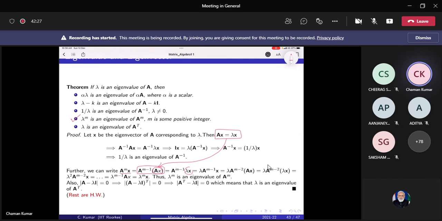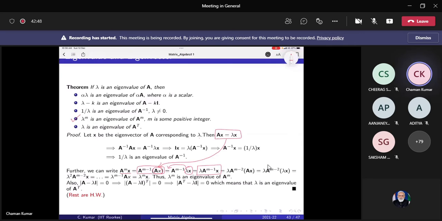So we get lambda x here. Now this lambda is a constant, so it will come out, and we can write this as lambda times A raised to m minus 1 x. And then we repeat this process again.